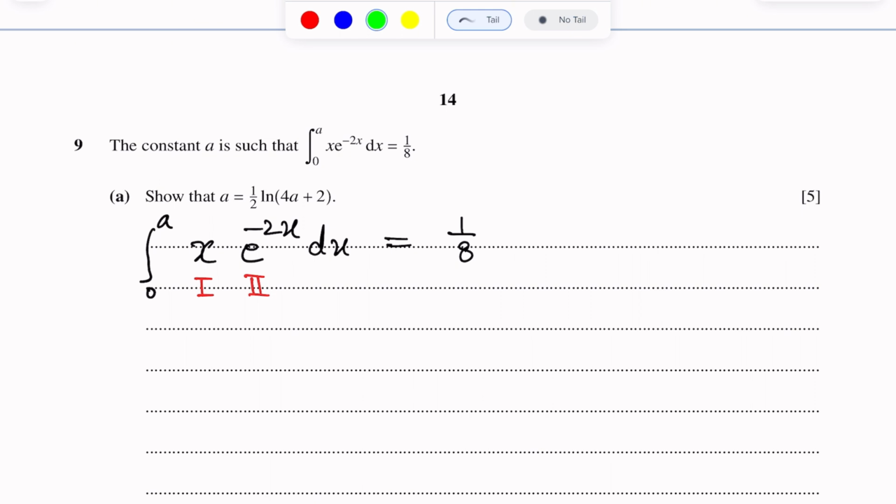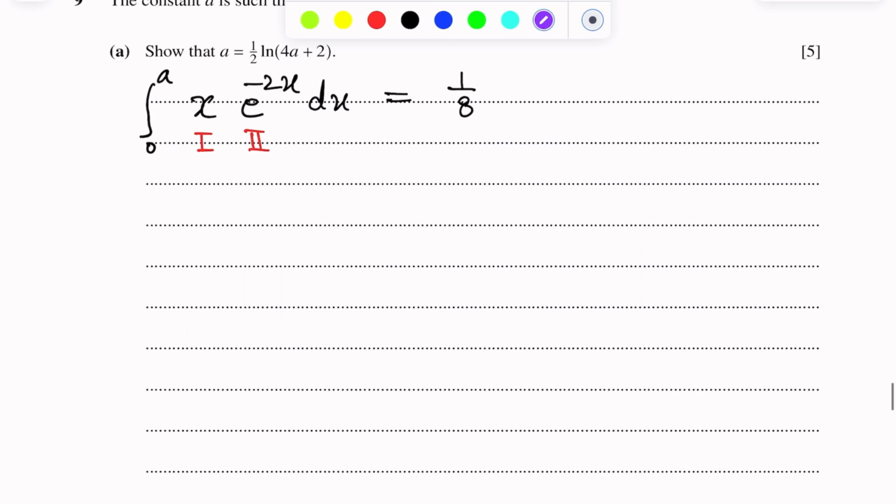This is the formula for integration by parts, the general formula. There are two functions.